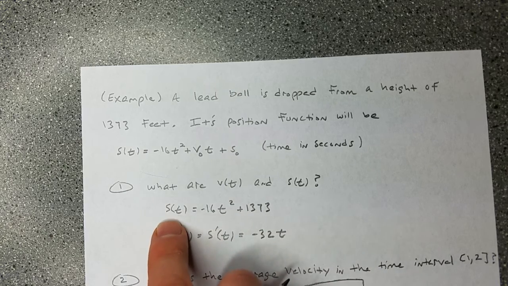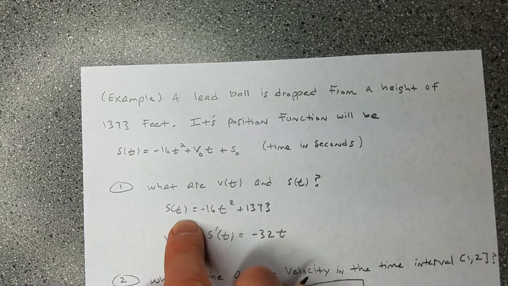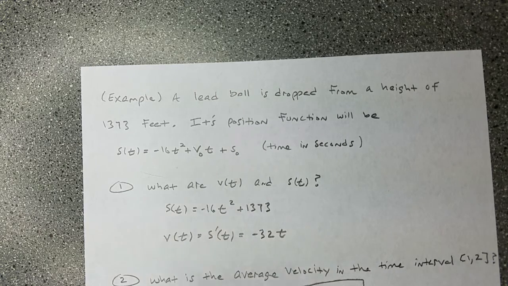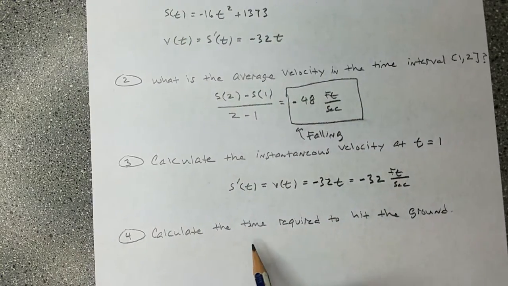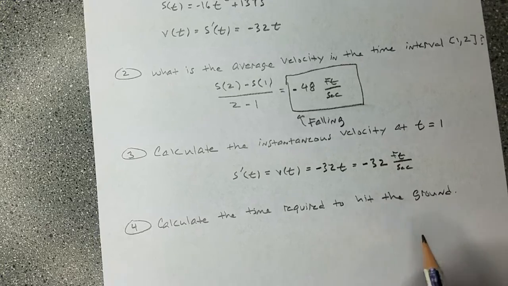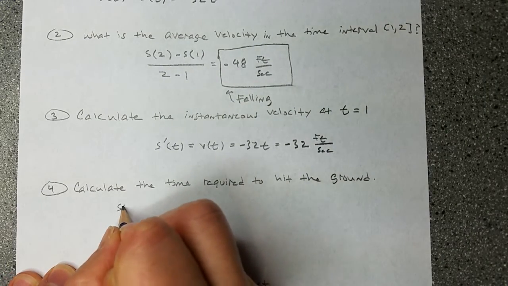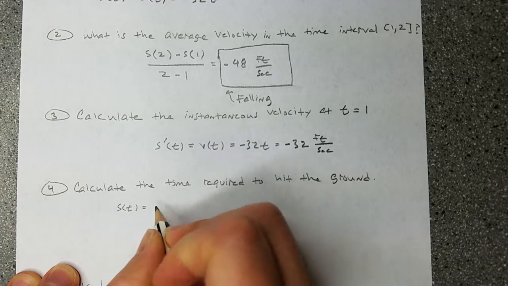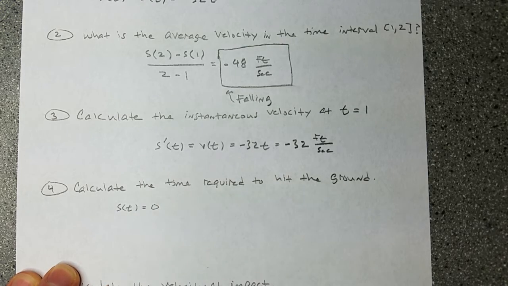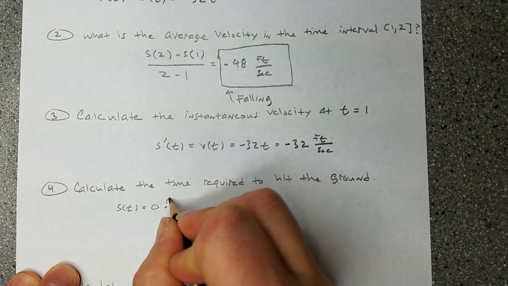That's what S of t does. If you want to know the time it's going to hit the ground, then your first question is, when is it going to be on the ground? So when will the position be 0?